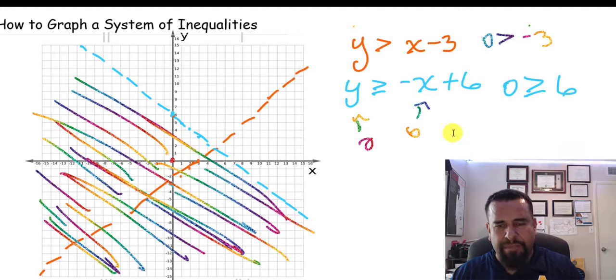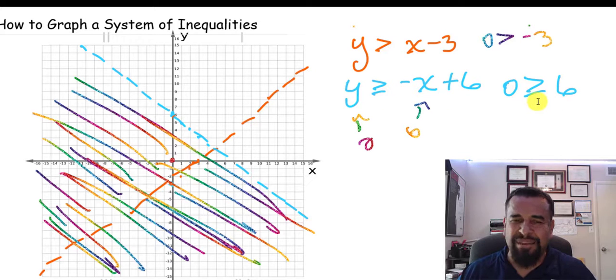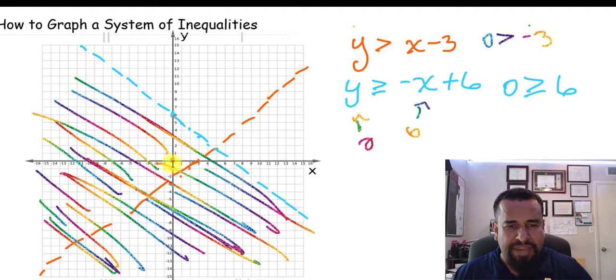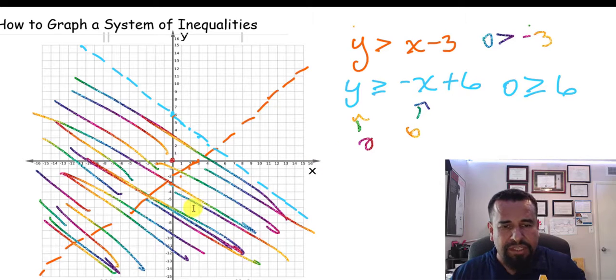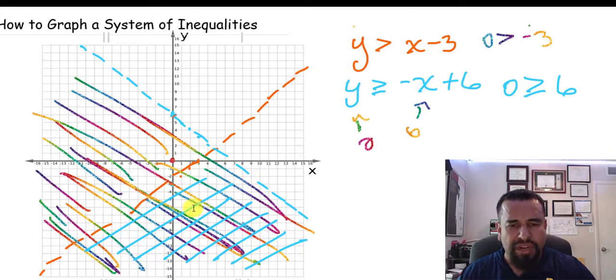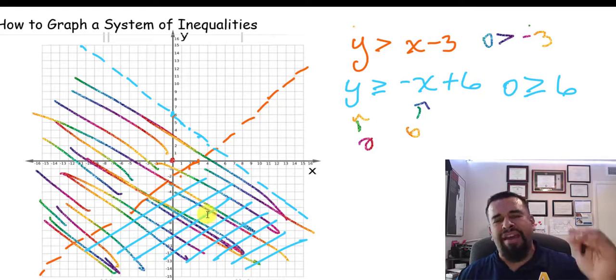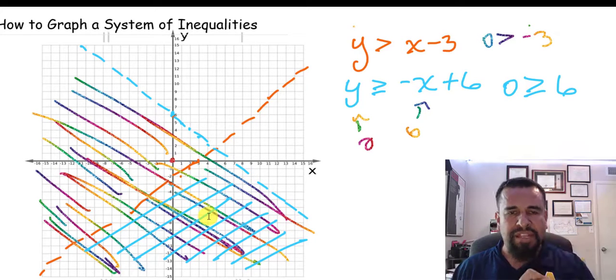But then when I plug in my zeros for the second one and see that my statement is false, that means all the values where the origin is make my second inequality false. So the ones on the opposite side make it true. So right here where I have my hash marks, that's the only section where all my values make my entire system true. Does that make sense?